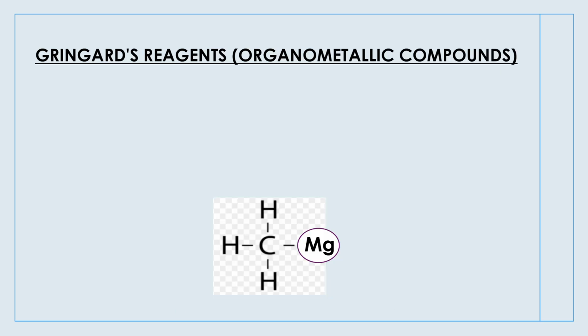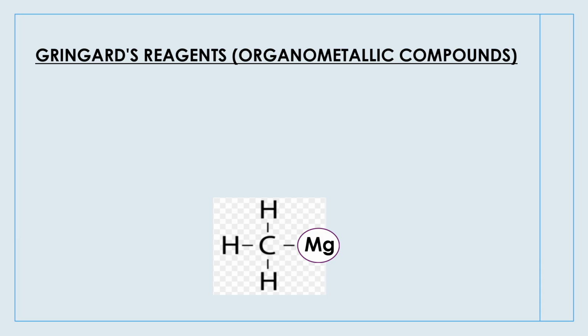Talking about the Grignard reagent, as it is an organometallic compound, as I already explained at the start of this video, it means it will have a carbon that is bonded to a metal atom. But for Grignard reagent, that metal atom will always be magnesium.